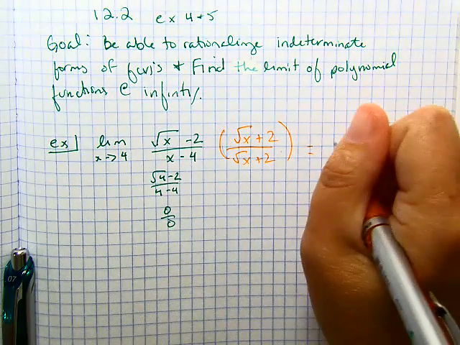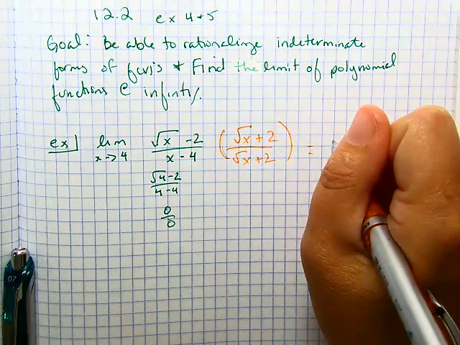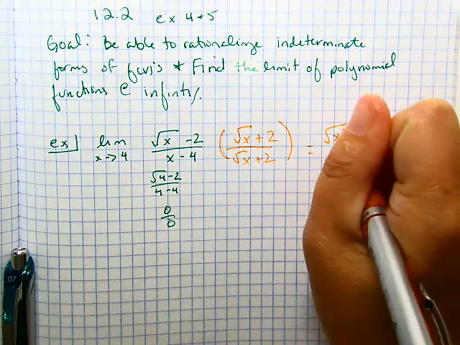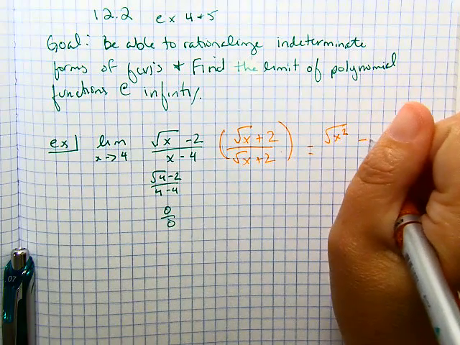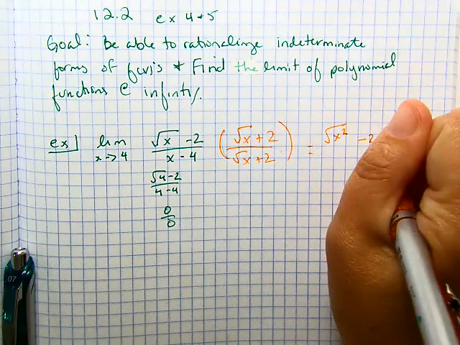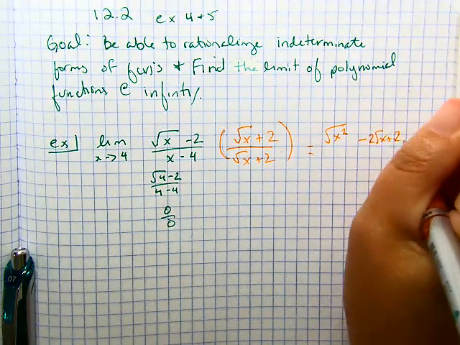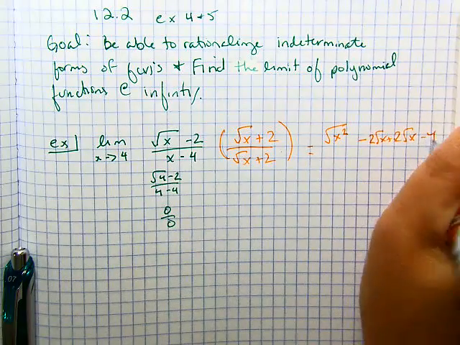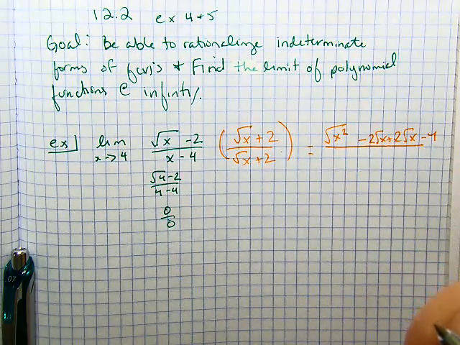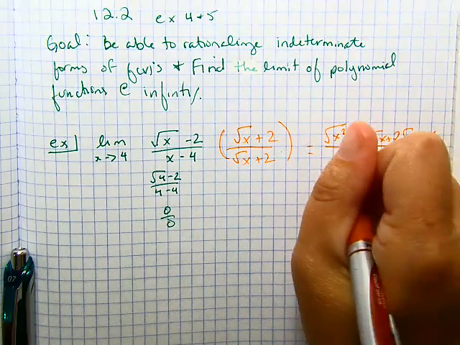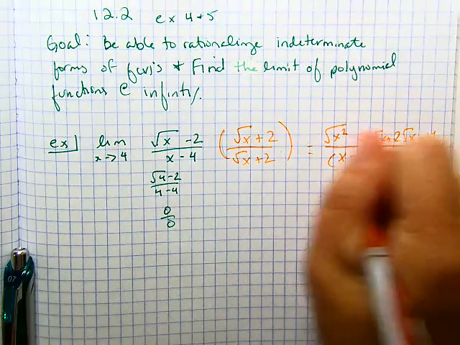And so this turns into the square root of x squared minus 2 root x plus 2 root x minus 4, all over x minus 4 and the square root of x plus 2.